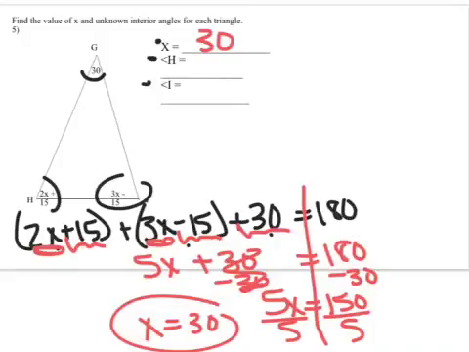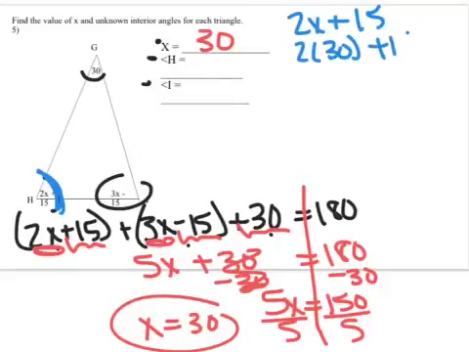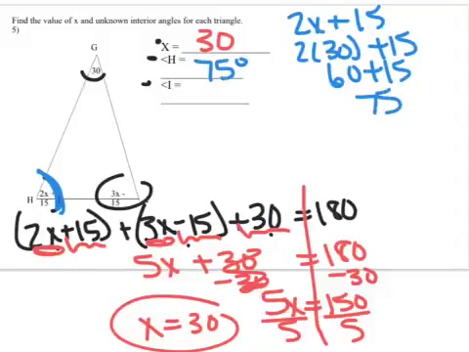But now angle H, so angle H was this angle, 2x plus 15. We said x was equal to 30, so 2 times 30 plus 15. 2 times 30 is 60, plus 15 is 75, so angle H is 75 degrees.